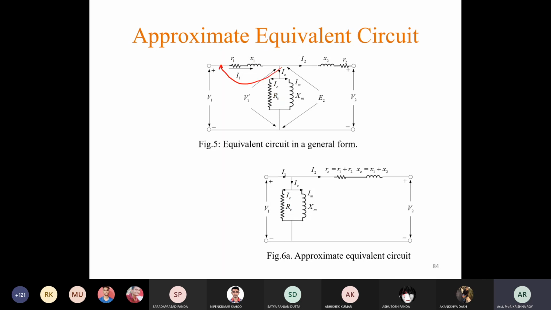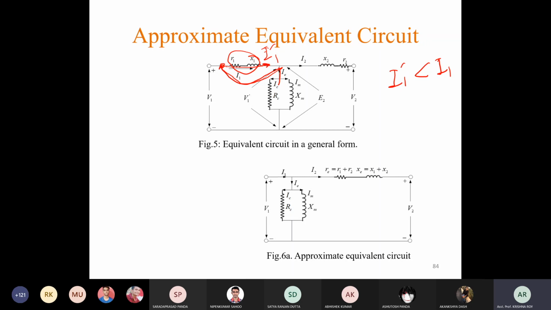If we shift this point here, what is the meaning? The meaning is that I1 is getting divided at this point. So from this path IE is flowing, and from this path I1 dash is flowing, which is equal to I2 by some relation. That means through this part a lesser current is flowing, because I1 dash is less than I1, obviously, because I1 is the total current and I1 dash is part of it.